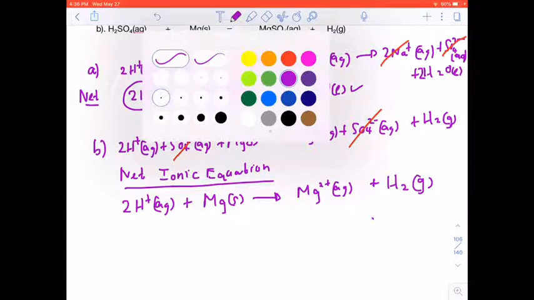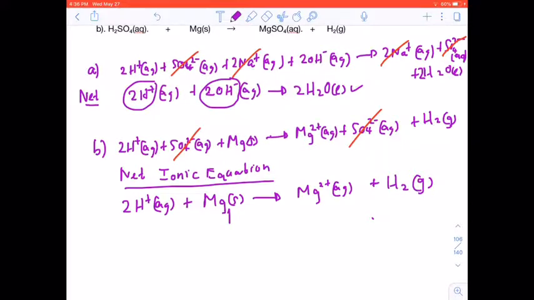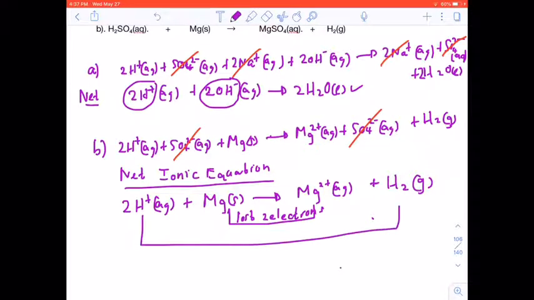So here it's neutral, right? It's neutral, and there it's 2 plus. So what has happened? It's lost 2 electrons. Then here it's H plus, and there it's neutral. Right?